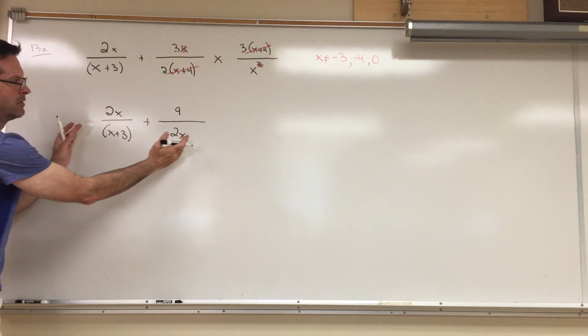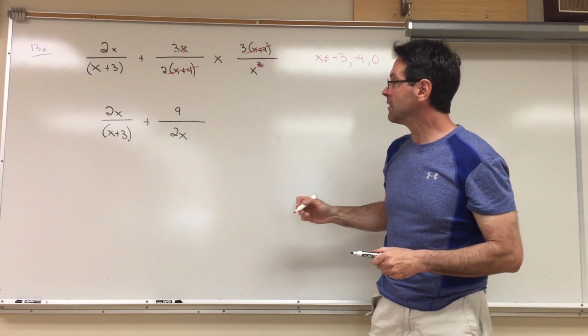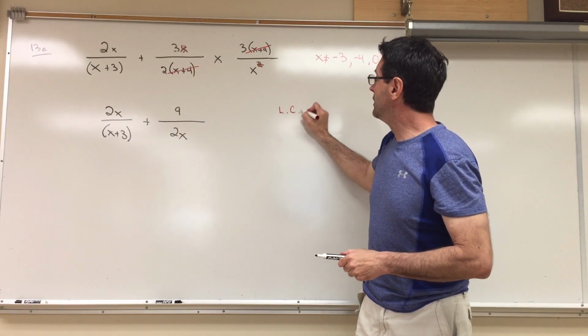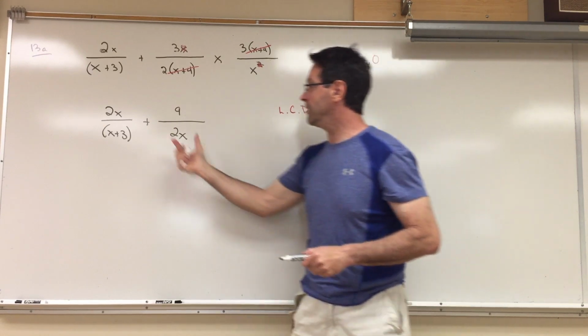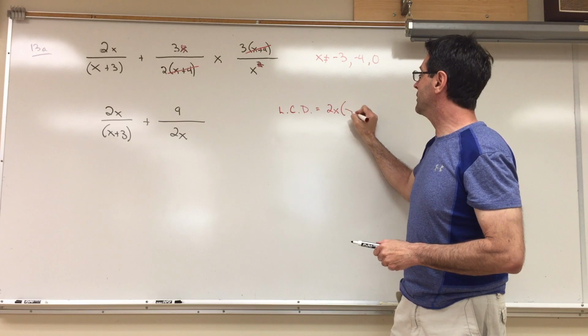Now we'll add the result. The lowest common denominator between these two terms is 2x times x plus 3.